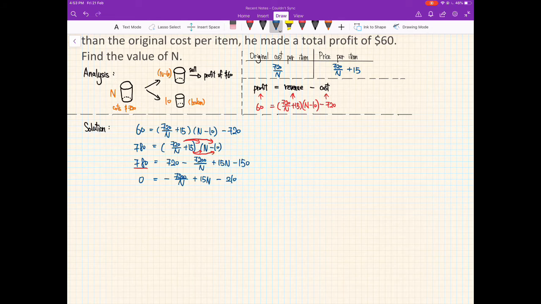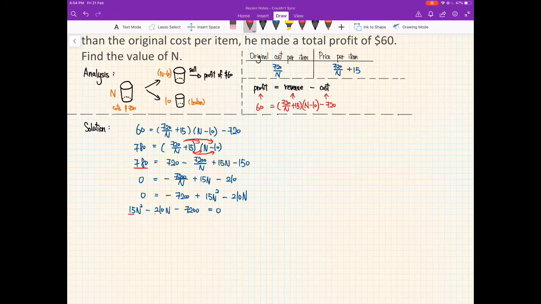Since the number of items is not equal to 0, we can multiply both sides by n. We get 0 equals negative 7,200 plus 15n squared minus 210 times n. Let's rearrange the terms. We get 15n squared minus 210 times n minus 7,200 equals 0.